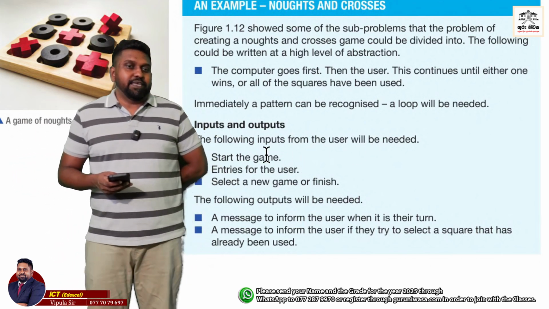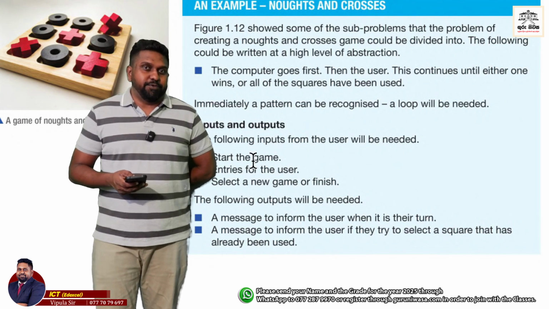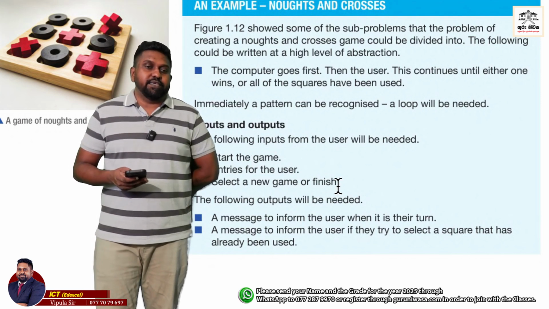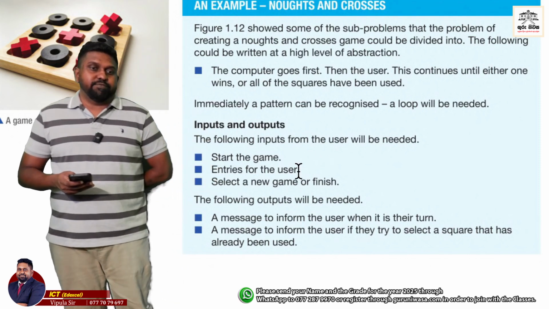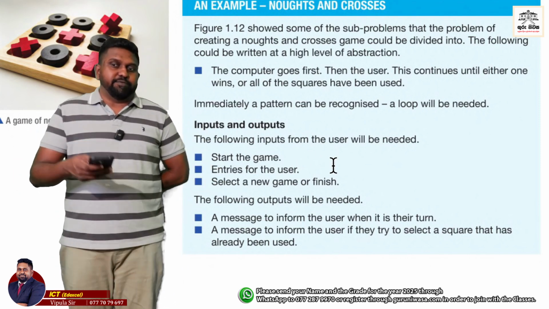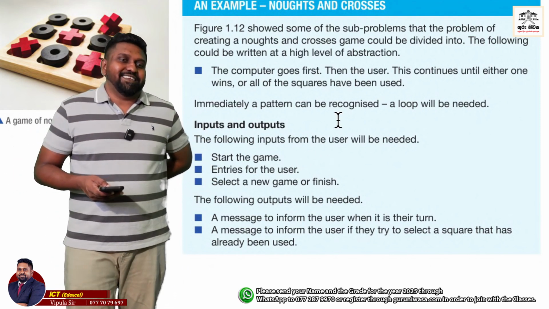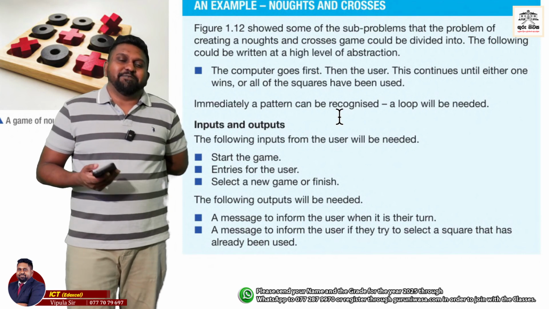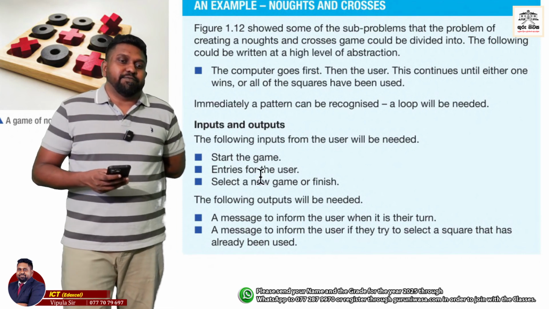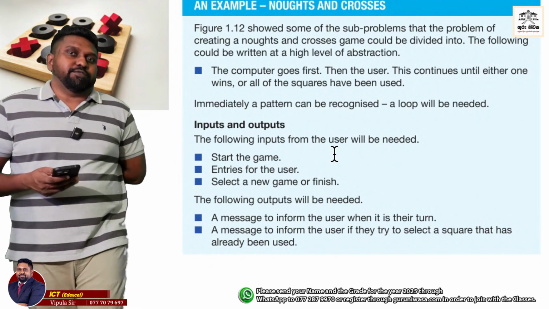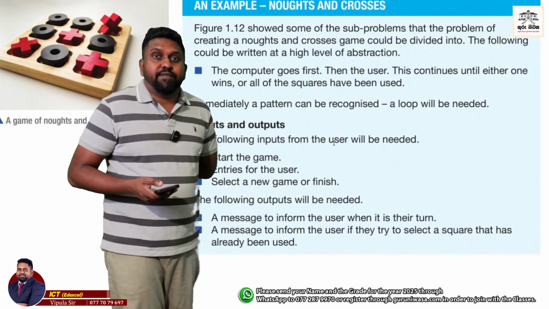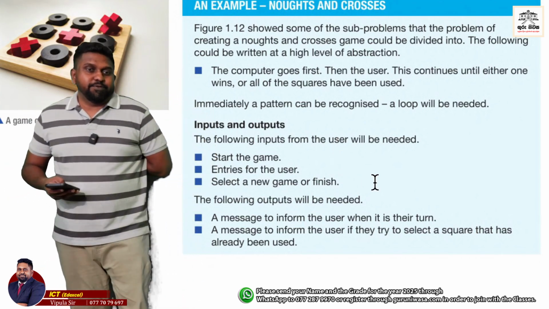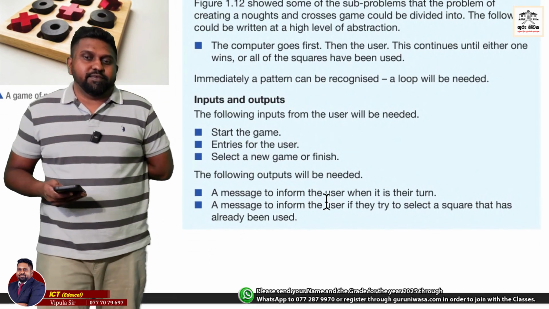Then we get the entries for the user, and you select a new game and finish it, right? Those are the inputs, and then we need the outputs, which would be something different.